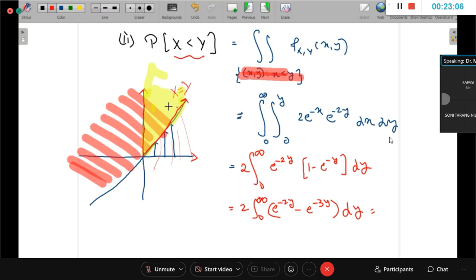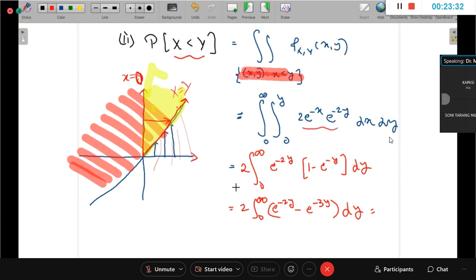It is an infinite-length triangle. So the limit is x equals 0 to x equals y, and the y limit is from 0 to infinity. So the PDF is going to be non-zero over here.